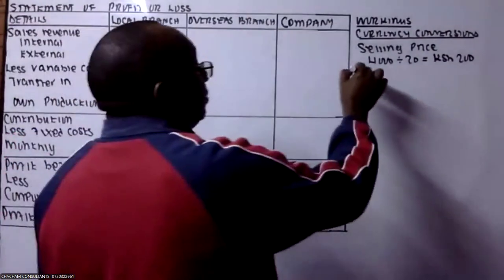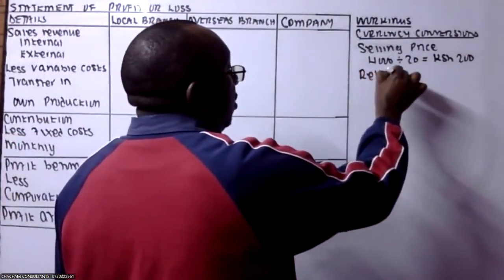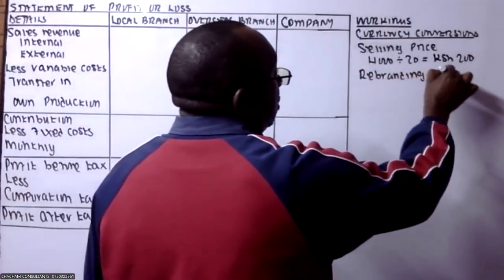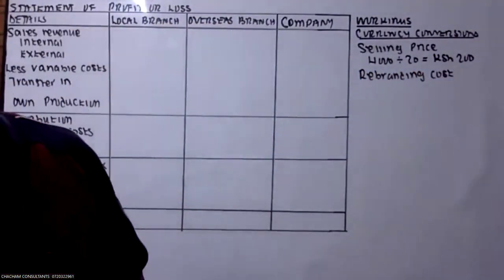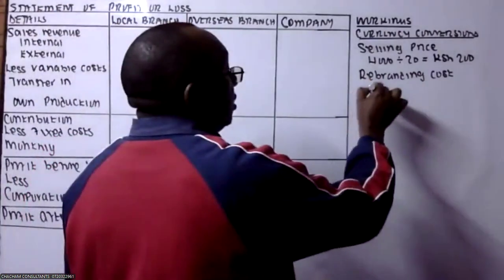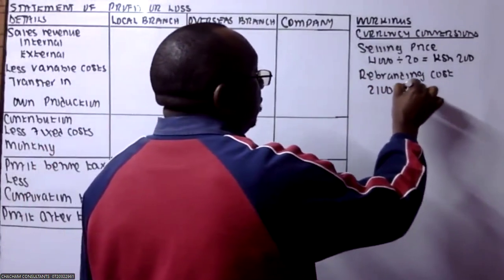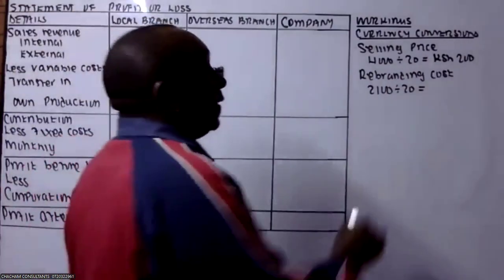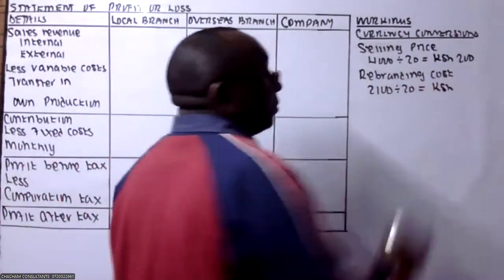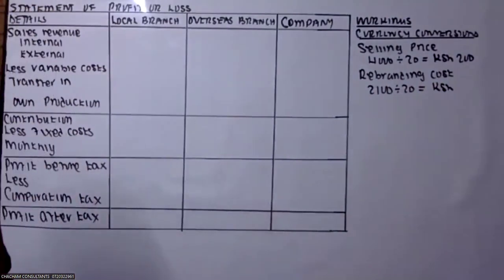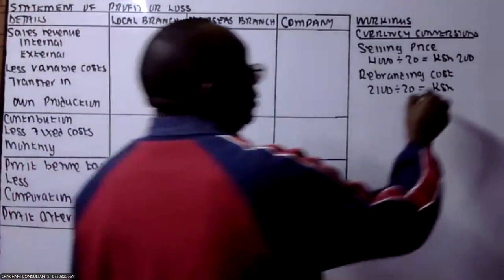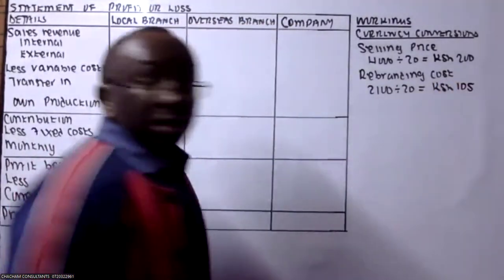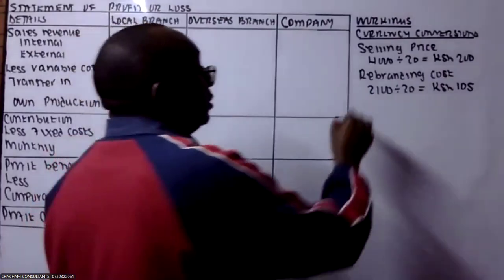Rebranding costs is 2,100. You divide by 20. That gives you Kenya shillings 105. And then fixed costs.